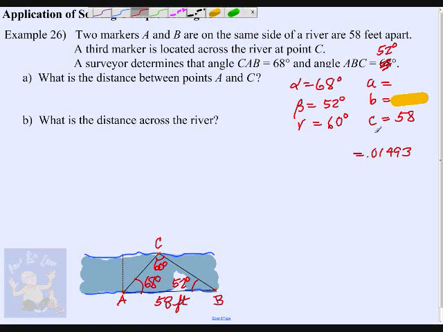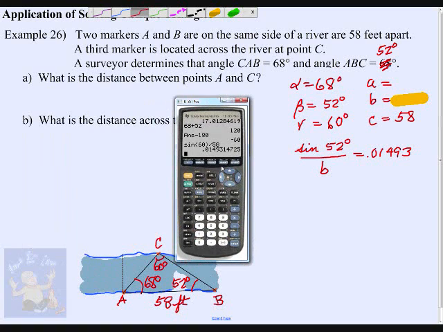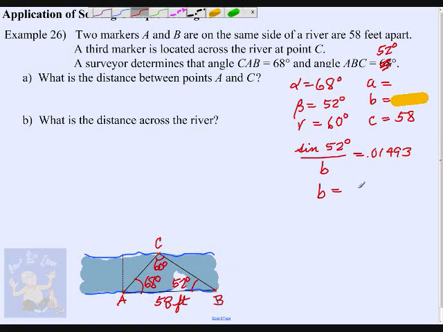So I've got 0.01493. And I'm interested in finding B, so I'm going to take the sine of beta and my unknown that I'm trying to find, B. So we'll end up saying B equals the sine of 52 degrees divided by our law of sines ratio.